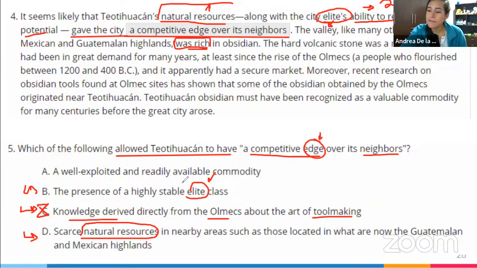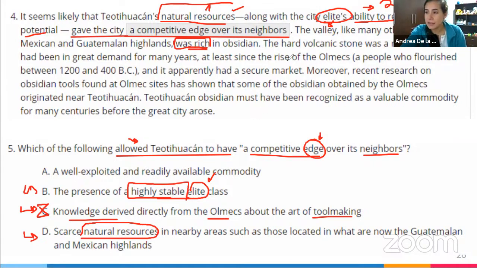Was it really the fact that this elite class was stable what allowed the city to have this edge? Was it the stability of the elite class what gave the city this edge? Not really, right? It was the natural resources and the ability to recognize their potential, not the stability of the elite class. And second, how do we know that they were highly stable? Is there anywhere in the paragraph that says that they were a highly stable elite class? I don't think so, right?